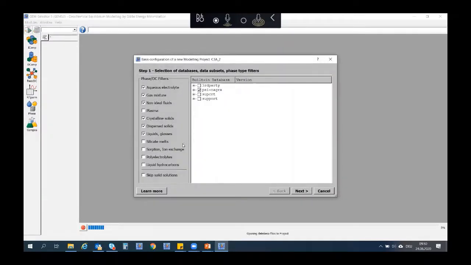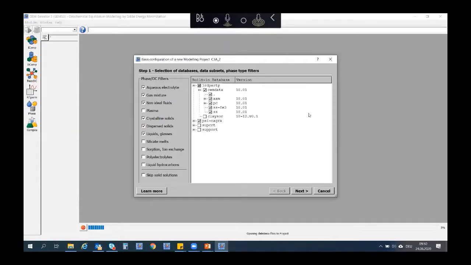Then you come to the database. You will see PSI NAGRA, and as I said before, that's our general database, so we keep it as it is. We see third party, and depending on the installation, you might see some data, you might see some others. We want to select the same data, that's the cement database.